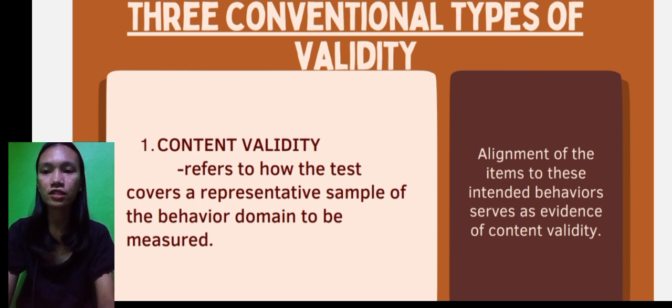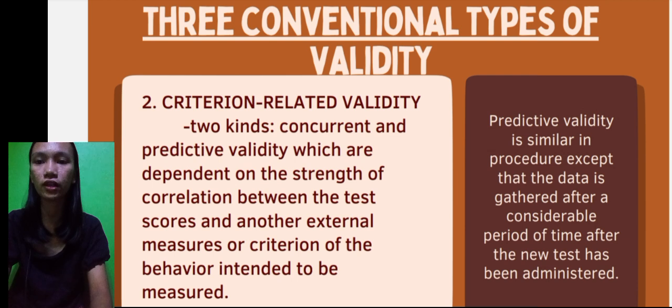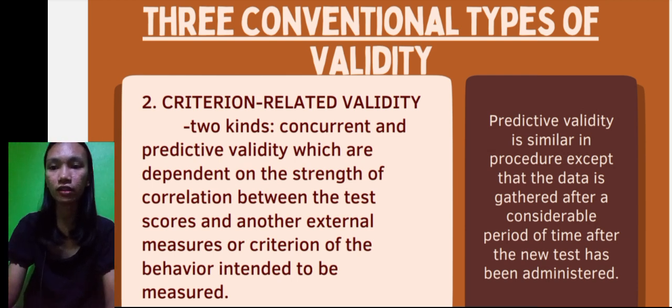So the second type is criterion-related validity. The two kinds are concurrent and predictive validity, which depend on the strength of correlation between test scores and another external measure or criterion of the behavior intended to be measured.